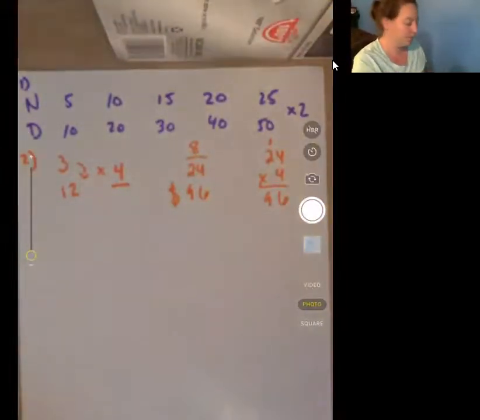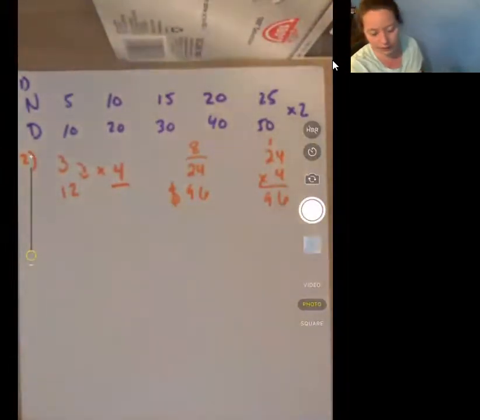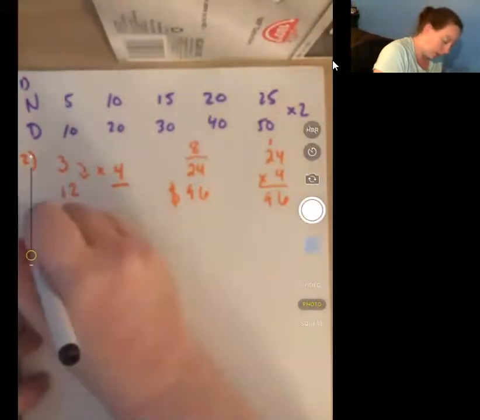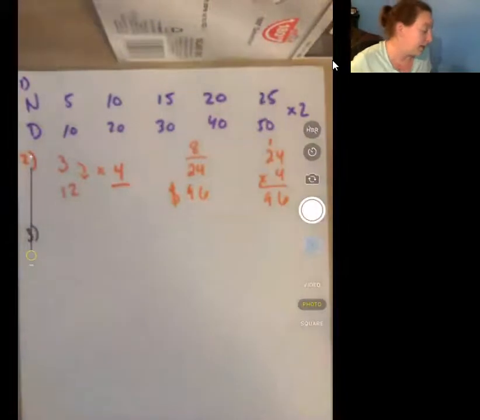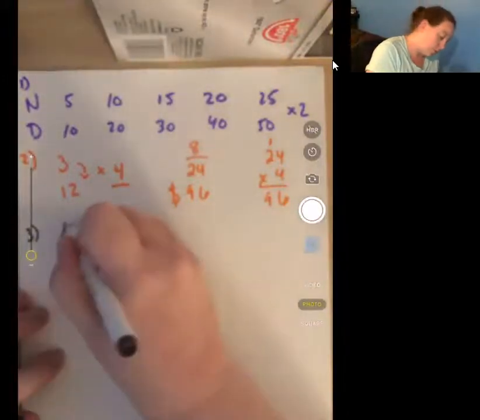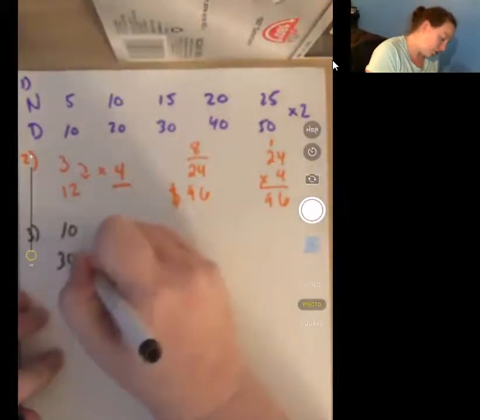Number 3. Divide the weight of the bag by blank to find the number of marbles. Okay, so this time we're looking to see how do we get from 10 to 30?